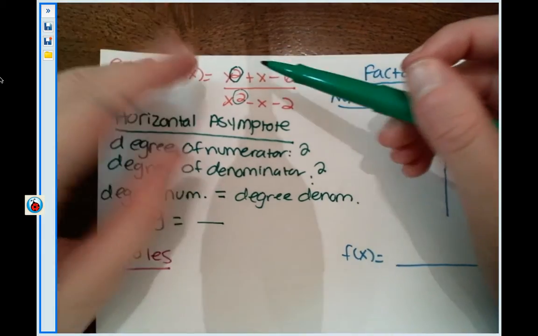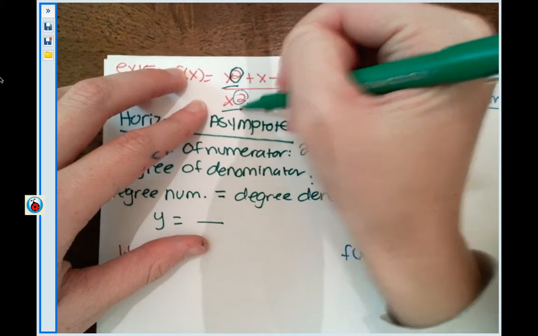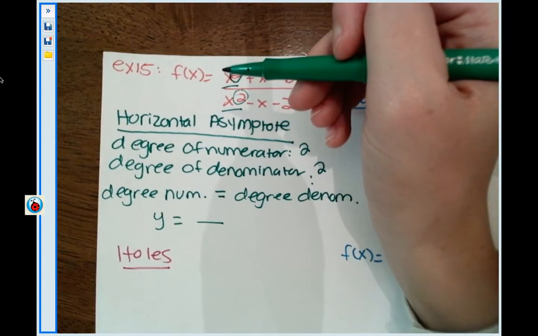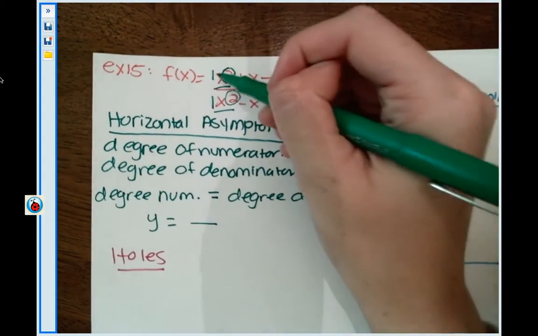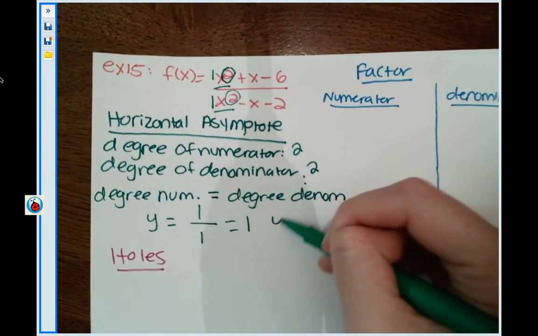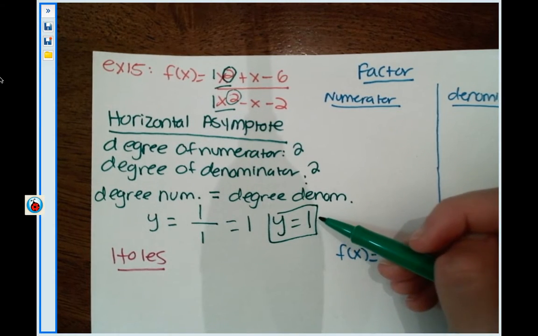We first identify the term with the highest exponent, which we already did. It's this one. And since both of these don't have a coefficient or number in front of the x, there is secretly a 1 hiding out. So each of my leading coefficients is a 1. And 1 divided by 1 is 1. So there will be a horizontal line that crosses the y-axis at 1.